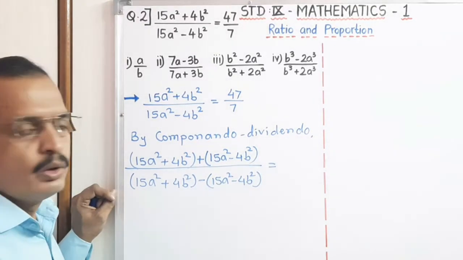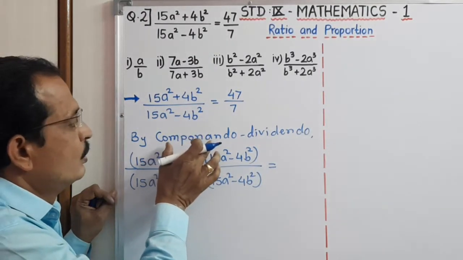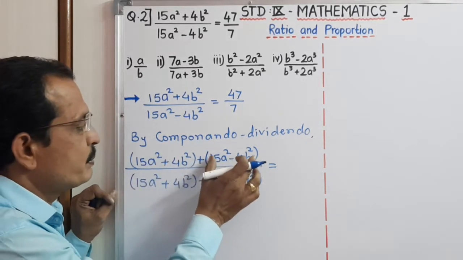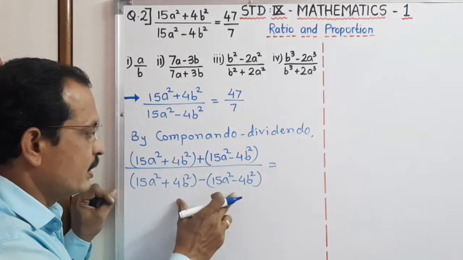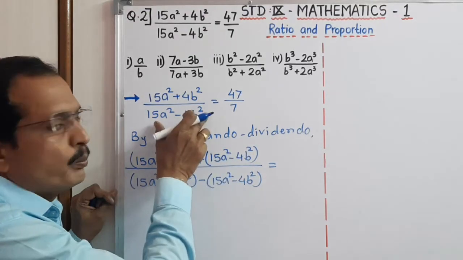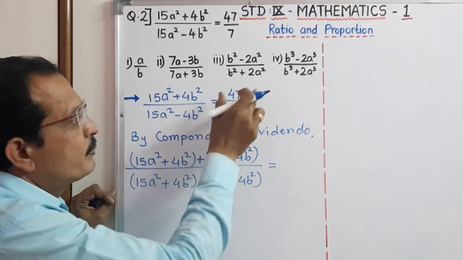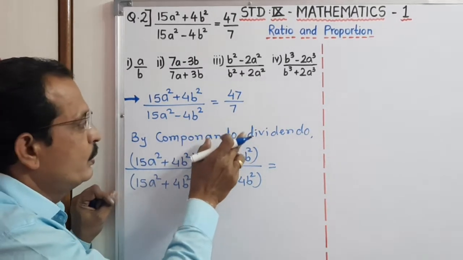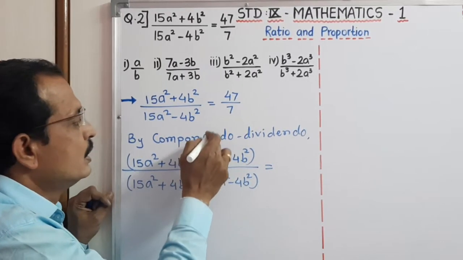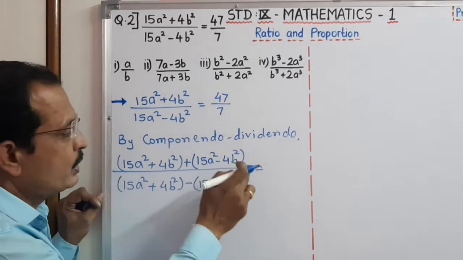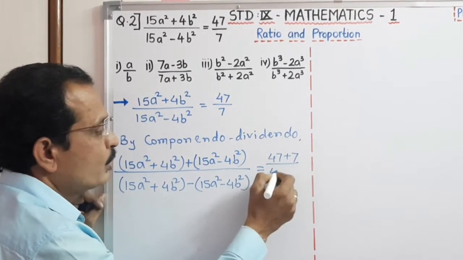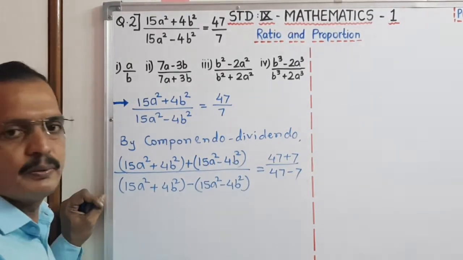Dear student, here this 15a² + 4b², 15a² − 4b², and here we apply componendo dividendo. Therefore, here also we apply componendo dividendo. Now see dear student, 47/7, we write (47 + 7)/(47 − 7).